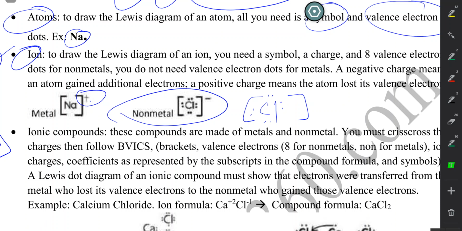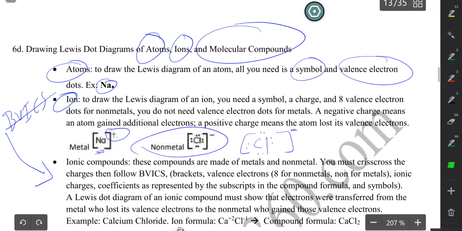Inside the brackets, you're going to have 8 dots, and it'll always be 8. Yes, always 8. And then you'll have the charge right on top. The charge, again, you get from the periodic table. Okay? So again, brackets, symbol, 8 dots for nonmetals, and the charge. Brackets, symbol, the charge. No dots for metals.